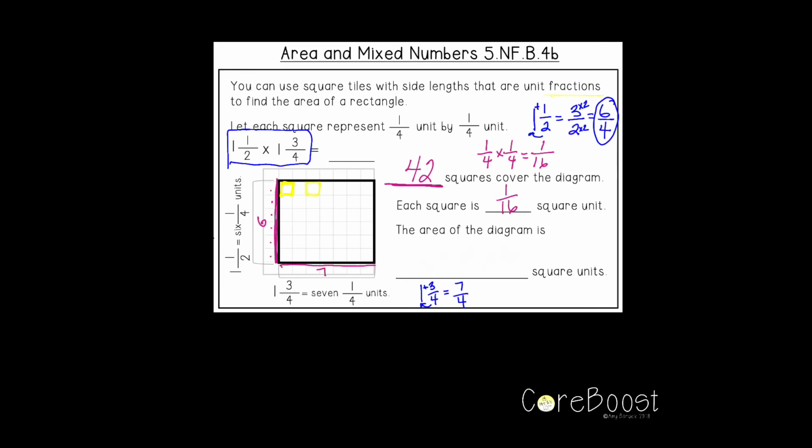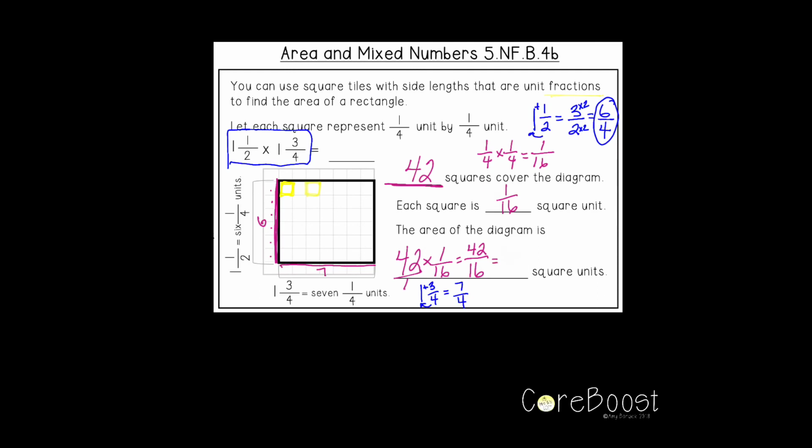Okay, so the area of the diagram is, we've got 42 squares, right, times, each of them is 1/16 of a square unit, right? So I can put 42 over 1, and then I just multiply my fractions. I've got 42 over 16.